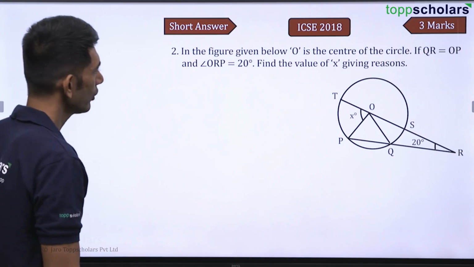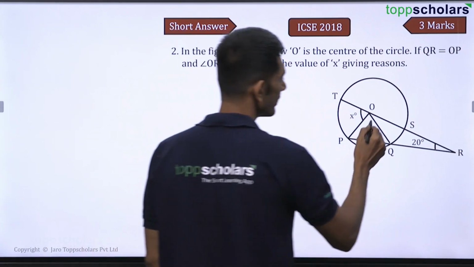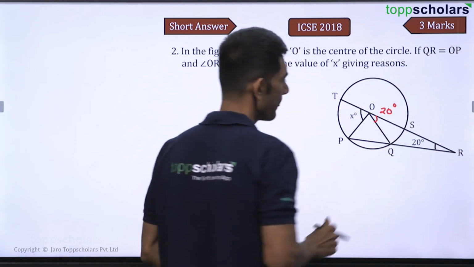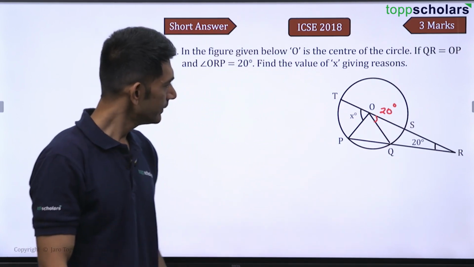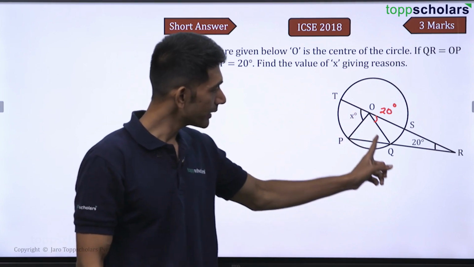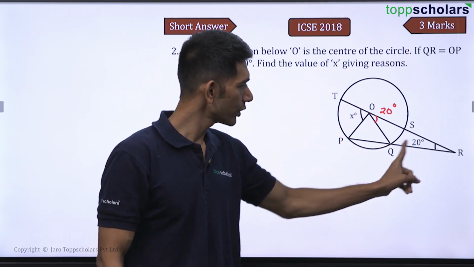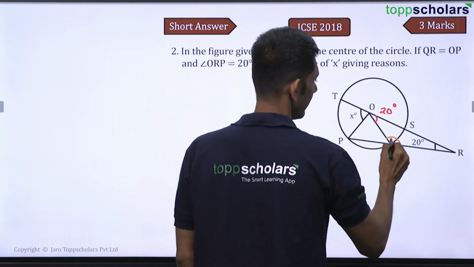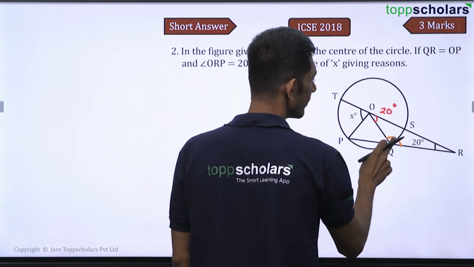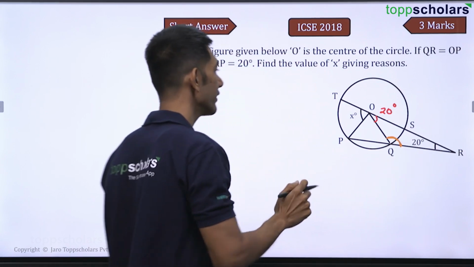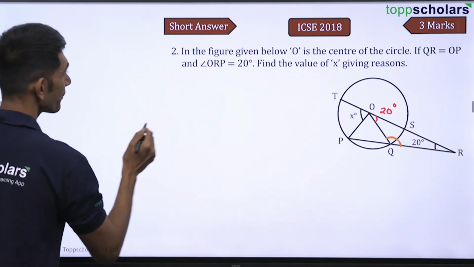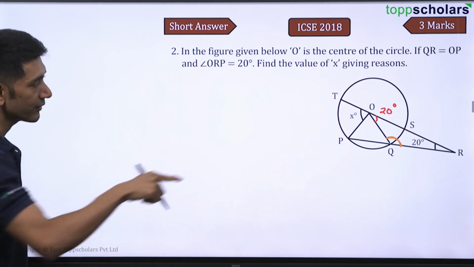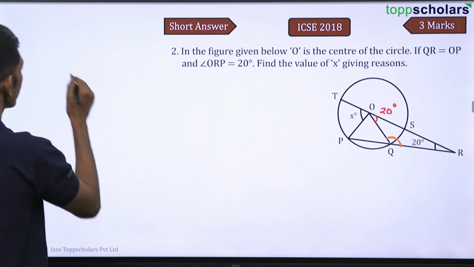Correct? So up to now what did we get? We got this angle as 20 degrees. Now if I apply the angle sum property in this triangle OQR, can I find out the measure of this angle? Yes, I can do that because this angle plus this angle plus this angle is 180 degrees. So I can say that in triangle OQR, I hope you are able to identify the triangle as well. I am talking about the triangle OQR.